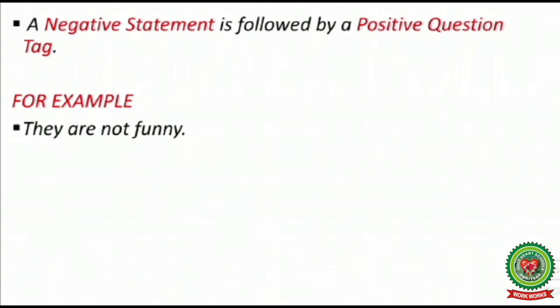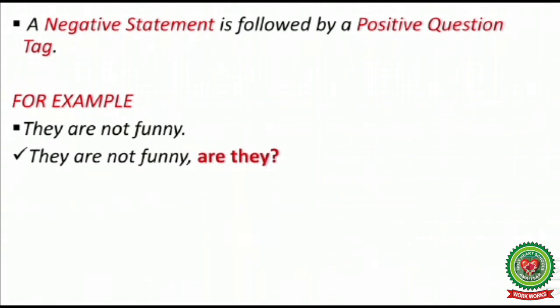Full stop changes to comma, and at the end of the statement we add a question mark. See, the statement is negative, so we have used a positive question tag. They are not funny, are they? Yes, students, this is the correct statement.